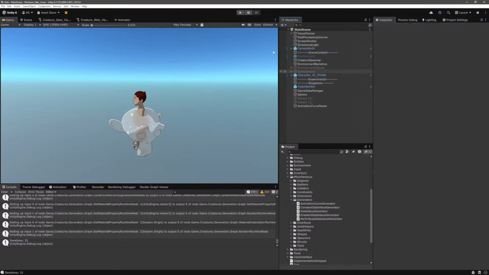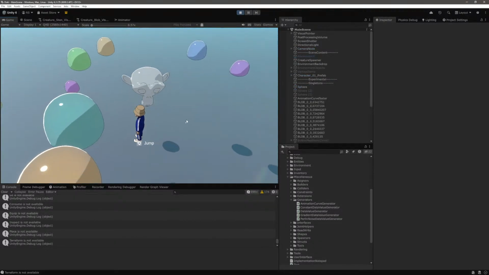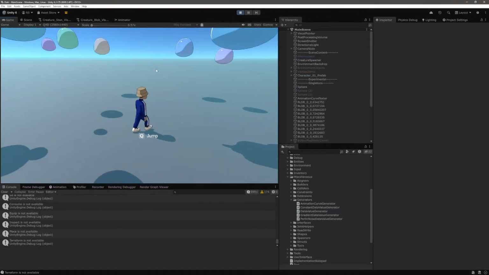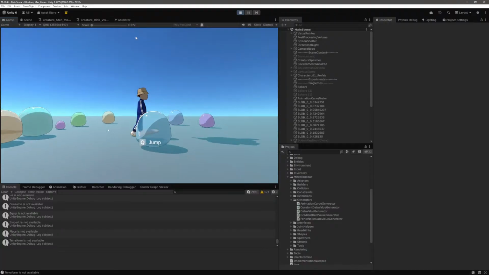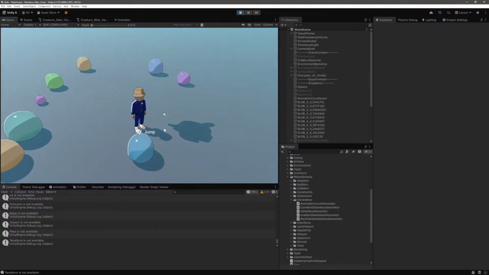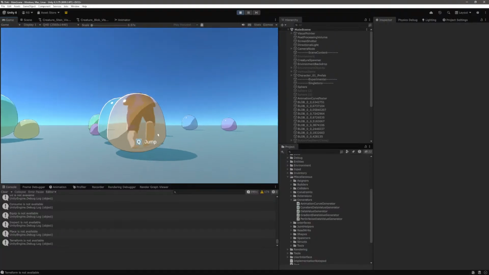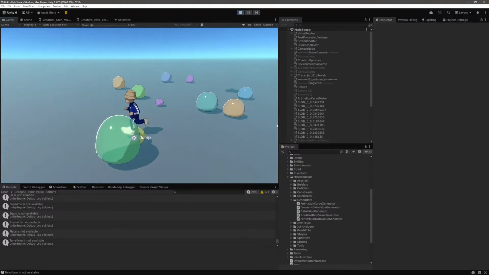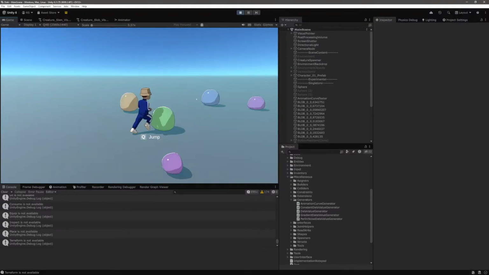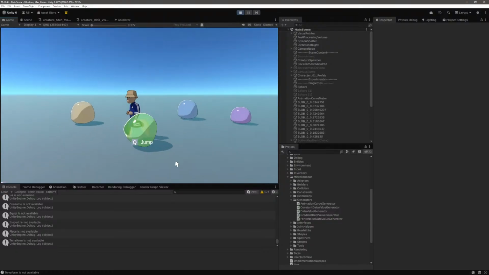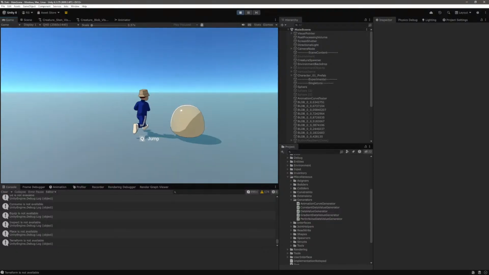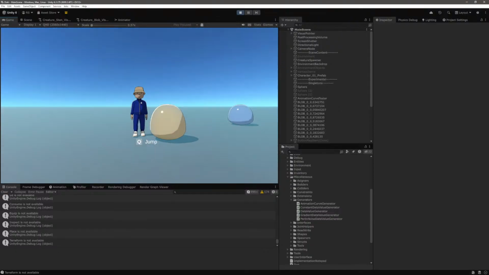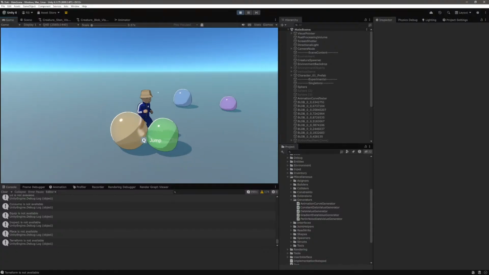I like the idea that if you want to collect these creatures, you don't only care about the color of them, you also care about the shape, you know? I think this one with a little bit of a soft body would be amazing.